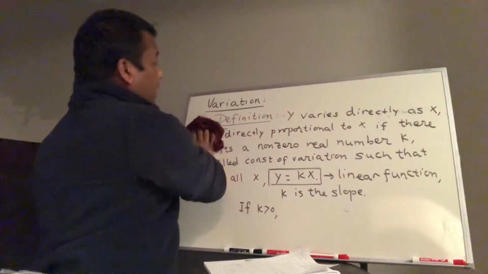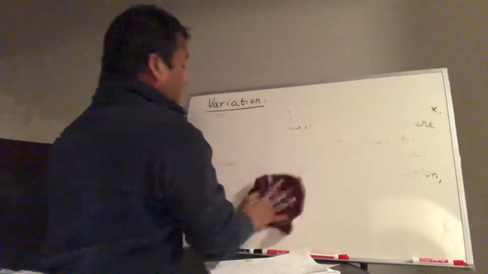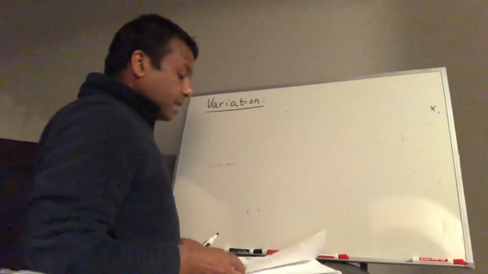So the next is the definition for direct variation as nth power.